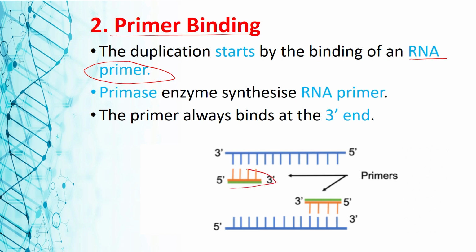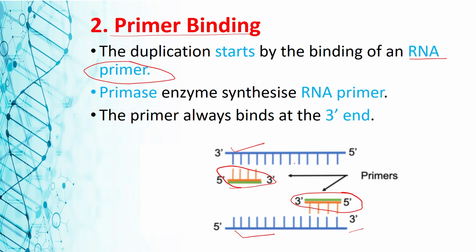You can see here, this is a primer sequence that will come and bind onto the 3' end of the DNA strand. These blue color strands are the two DNA strands you can see, and the strands are complementary to each other. 3' to 5' here, and 5' to 3' on the other.